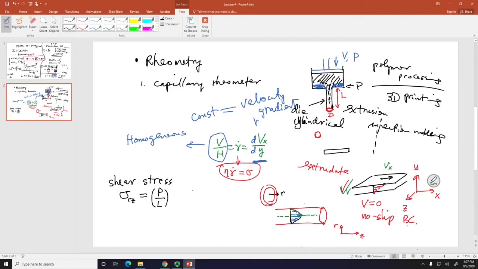So this is a pressure gradient. And it turns out the stress at any r is proportional to r.